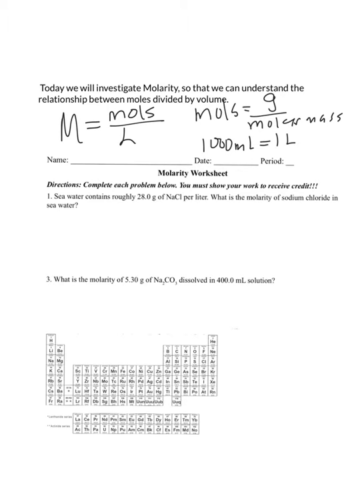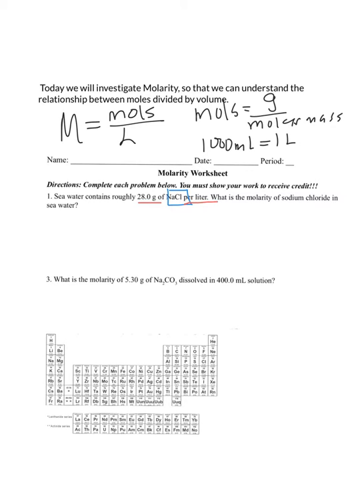All right, so let's take a look at our first problem. Seawater contains roughly 28 grams of sodium chloride. And here's a key word here that we can't ignore. It says per liter.